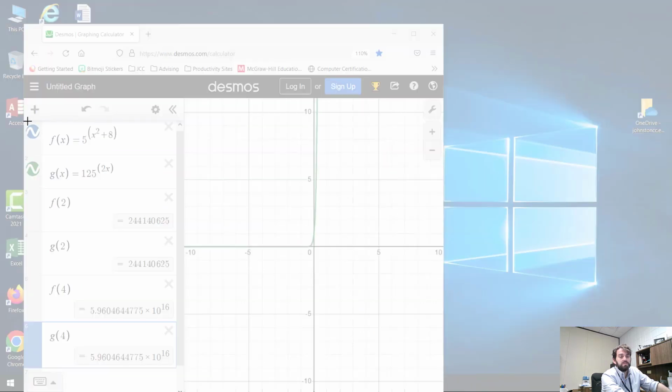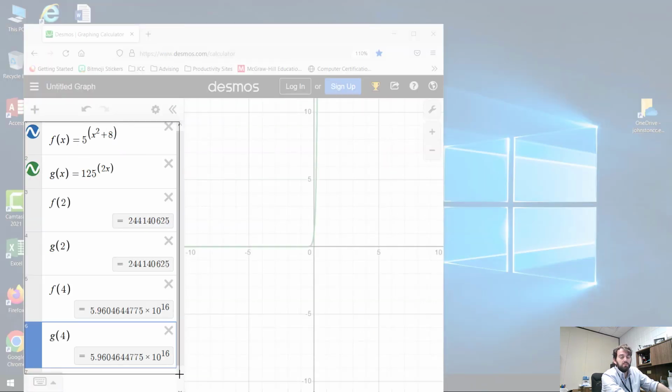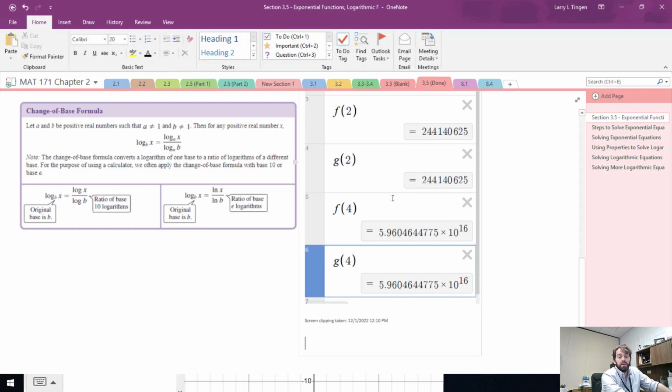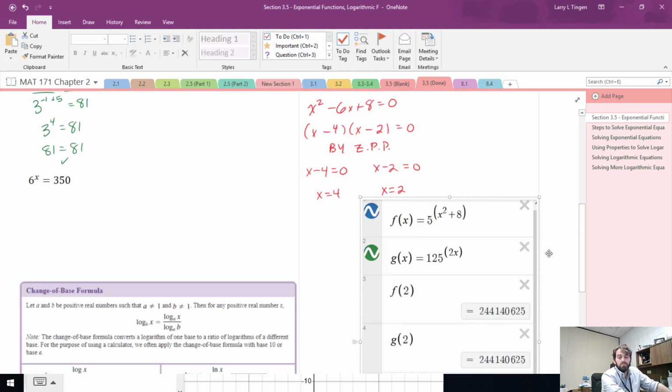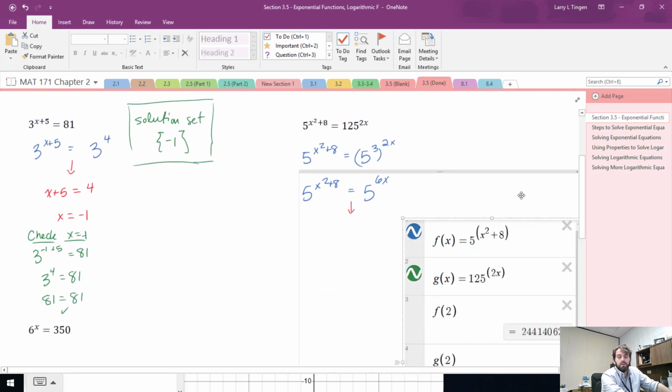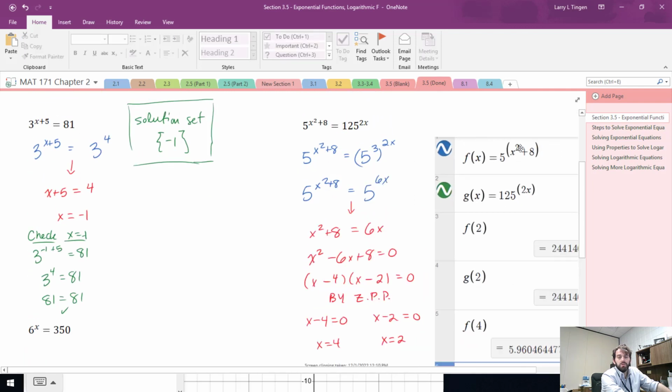Again, I know you've seen this problem and this process done before. That is okay. It's not a bad thing to be repetitive sometimes in math. And here's all of our work, and this is our check.